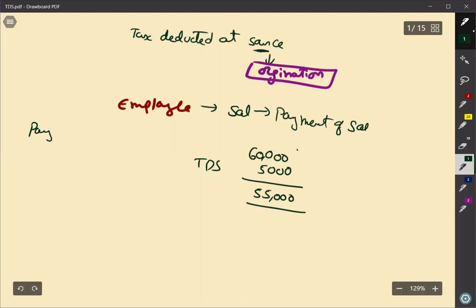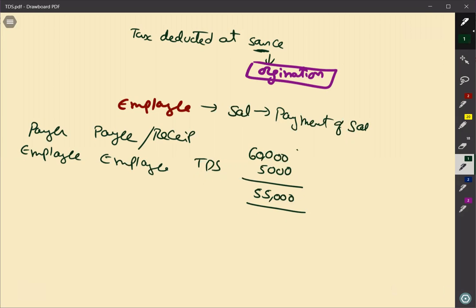One is called the payer and the other is called the payee. In this present case, the employer is the payer, the employee is the payee. I can also call the payee the recipient, as the payee is receiving.